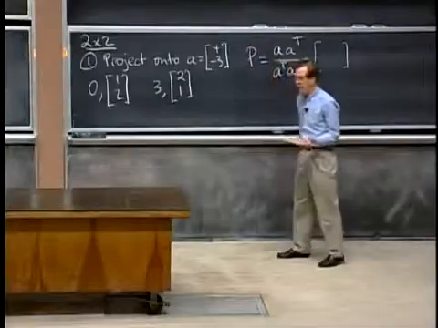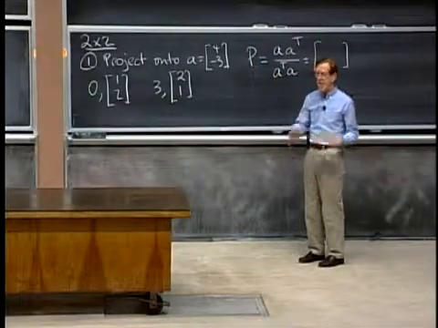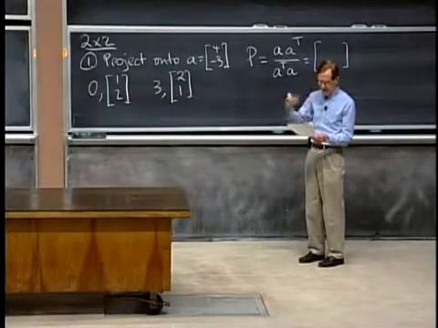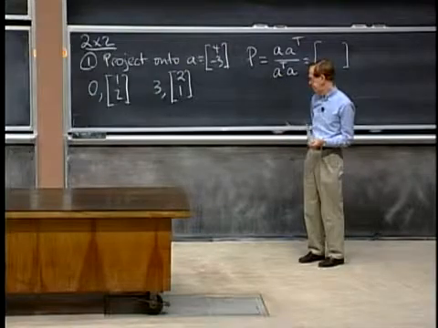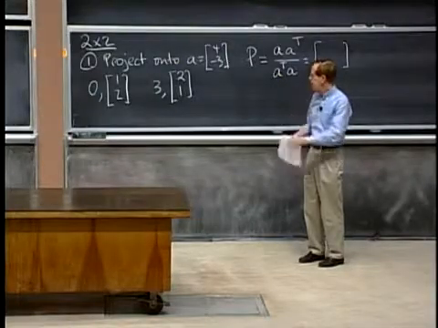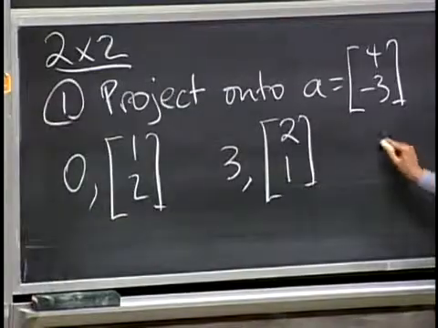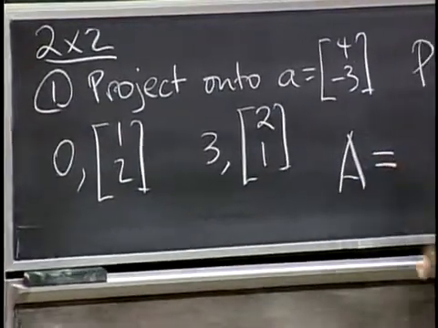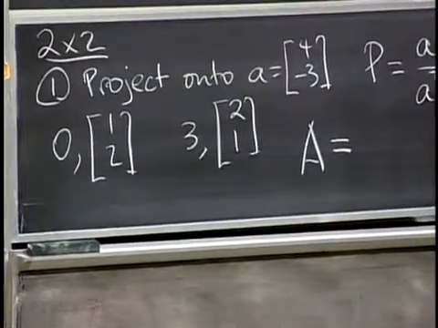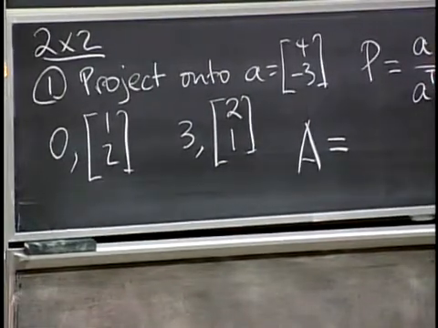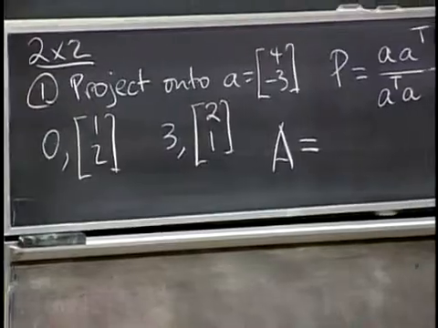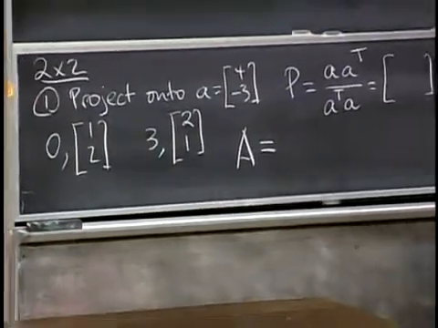I'm giving you the eigenvalues and eigenvectors instead of asking for them. Now I'm asking for the matrix. What's the matrix then? What's A? Here was a formula, then we just put in some numbers. What's the formula here into which we'll just put the given numbers?